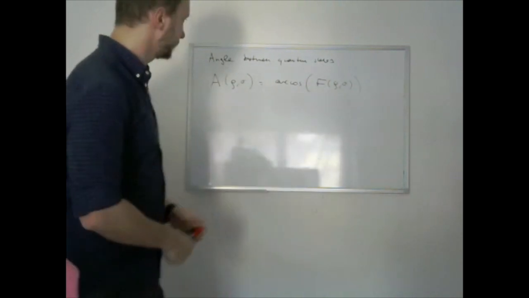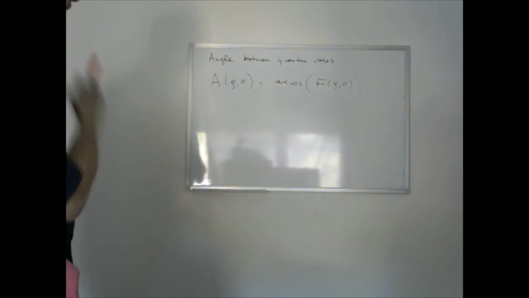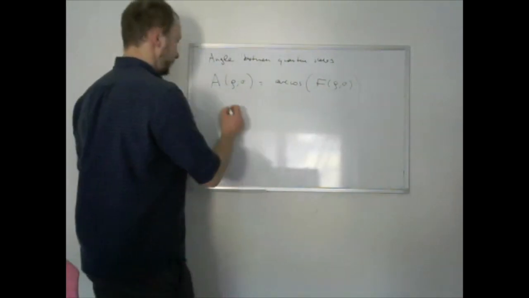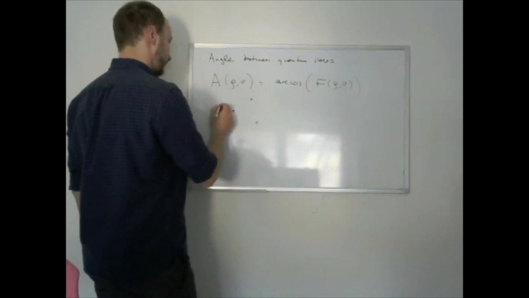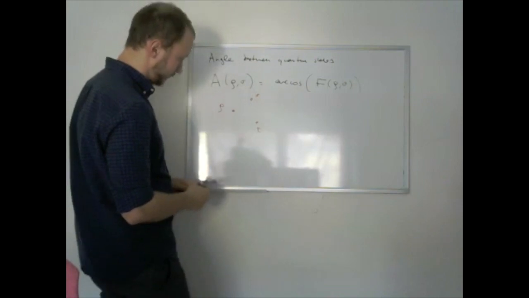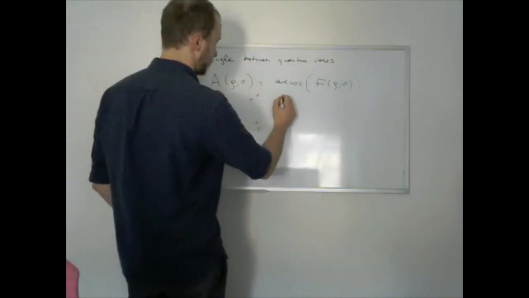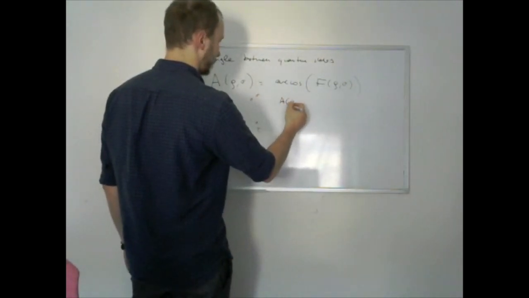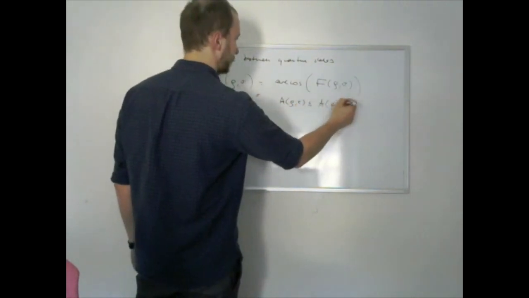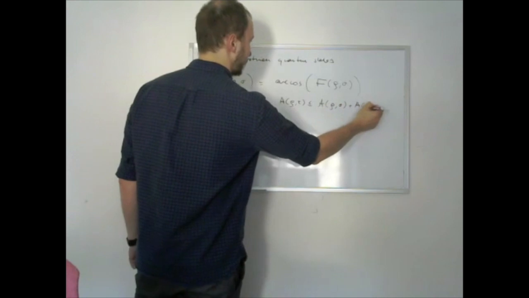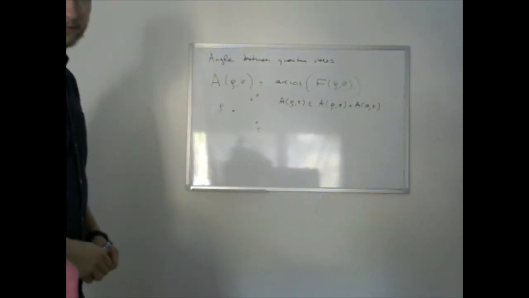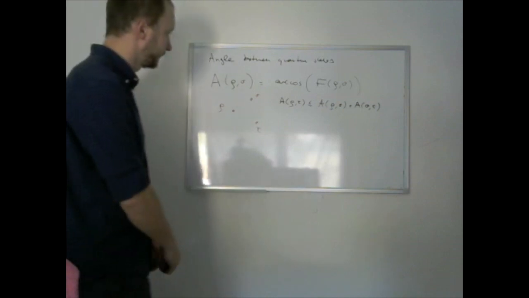The only thing missing for the distance is then the triangle inequality. If you have 3 states, rho, sigma, and tau, what we want is that the angle between rho and tau is not bigger than the sum of the angles between rho and sigma and between sigma and tau, right? Which is a very nice feature to have, and actually it's required for a distance.